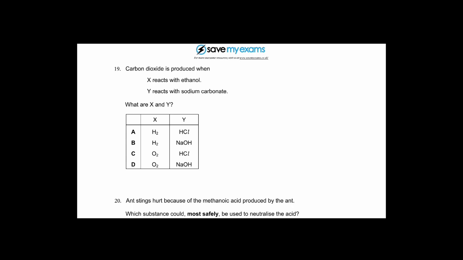So our target here is carbon dioxide. Which reactions are possible?